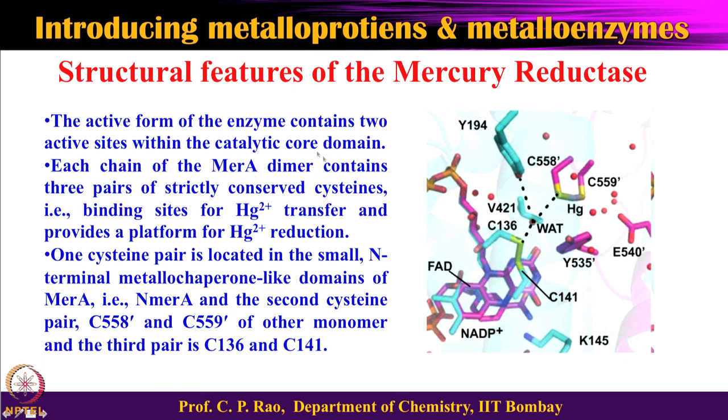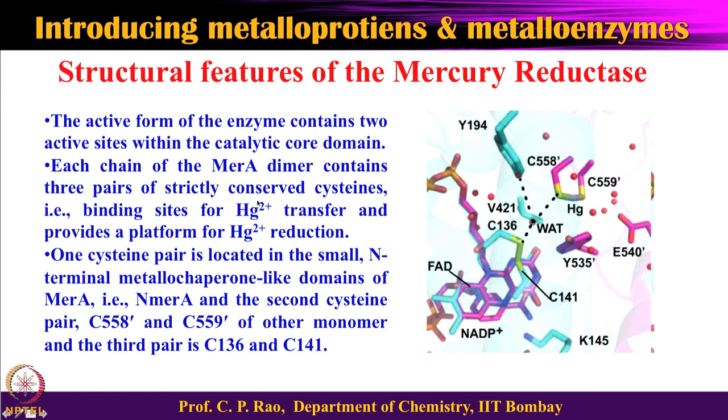So, the enzyme MER-A has two subunits or two polypeptides where each chain has an active center, and this active center should be congenial to bind to Hg2+, and also should be able to do the reduction process.